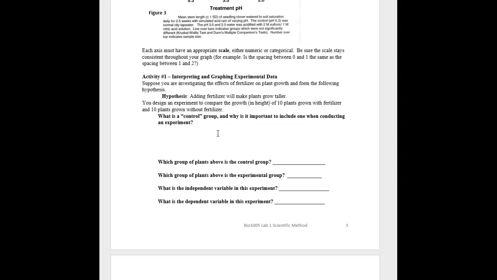So this is a group that we compare to. So the shortest answer is the group that you compare to. You don't make any changes between this group and the experimental group except for one thing.